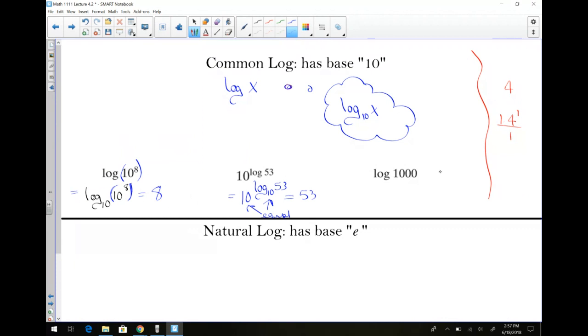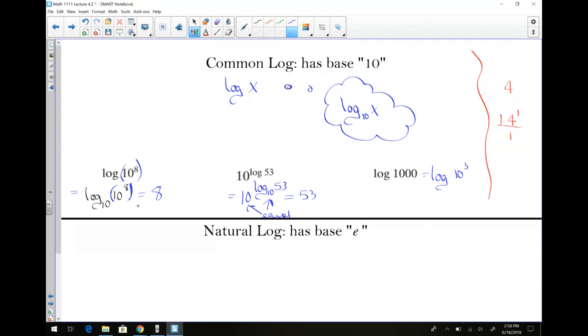This, I've got log of 1,000. So that means that I can make this actually equal log, and I want to put these as a base 10, don't I? Because it would be much easier. So 1,000, so 10 times 10 is 100. So that's 2 10s, and then times another 10, a third 10, is 1,000. So I have the common log of 10 to the third.